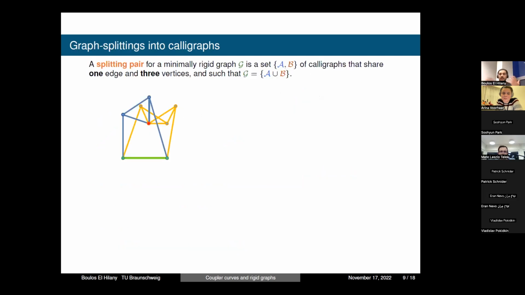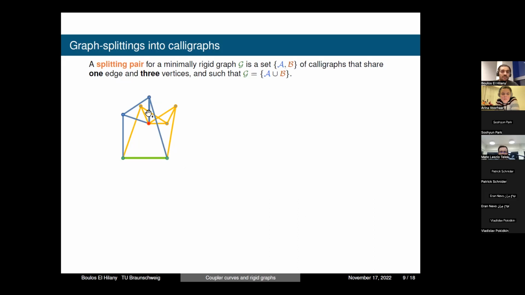So how are those two problems related? Let's say I have a minimal rigid graph. I'm going to ask you to believe me that this is actually a minimal rigid graph, and let's assume that it's a special kind that can be written as a union of two Calligraphs in the following way.